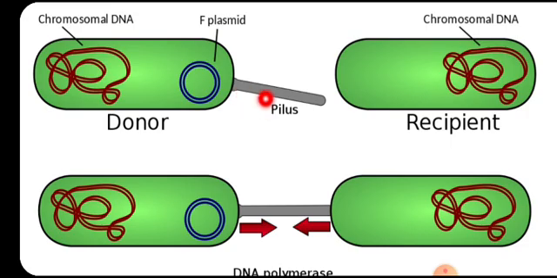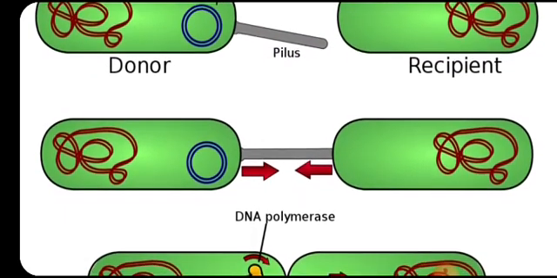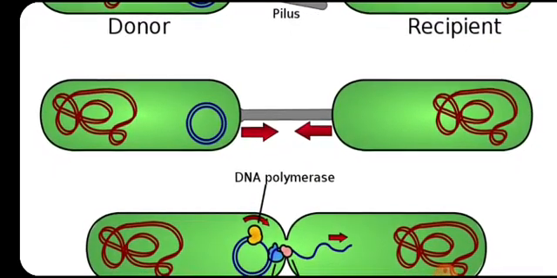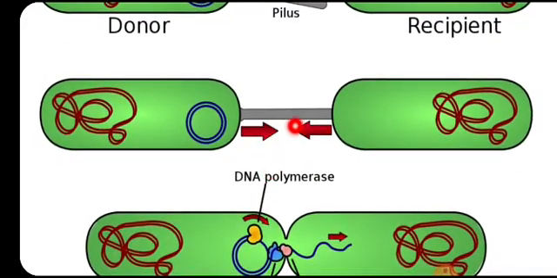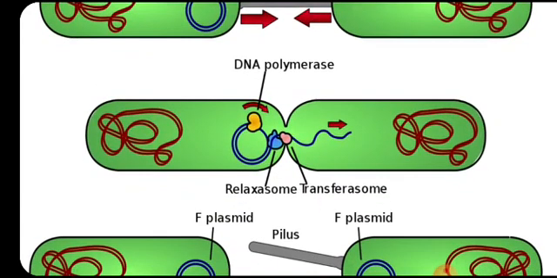So this pilus binds to this recipient bacterial cell like this, and then this pilus gets contracted. As a result of contraction, this bacterial cell and this bacterial cell come closer like this.